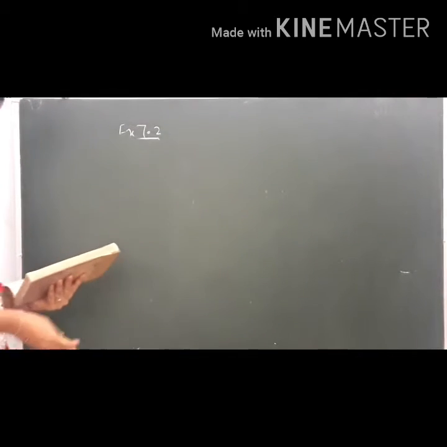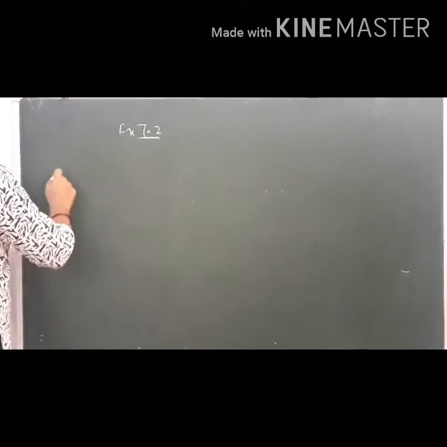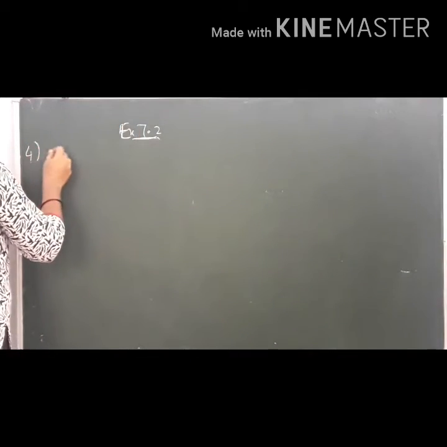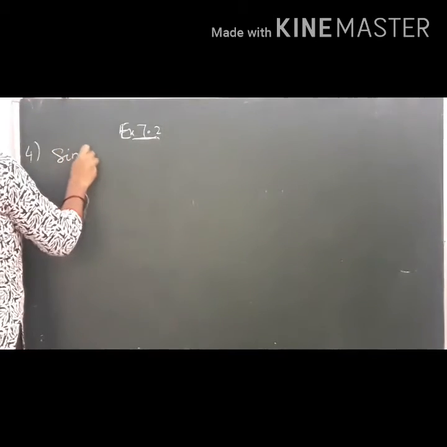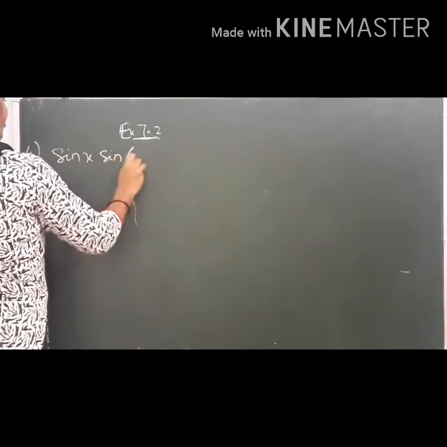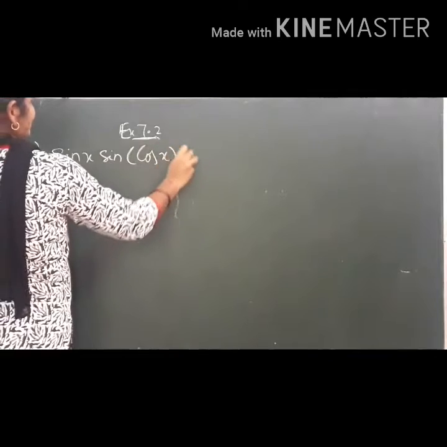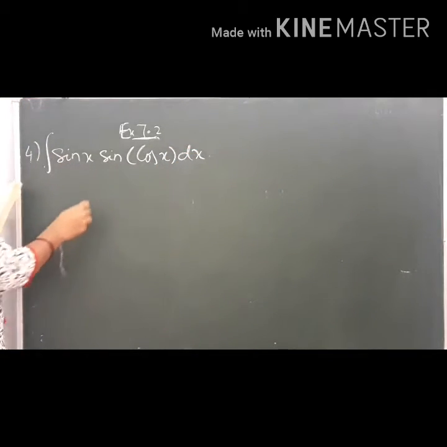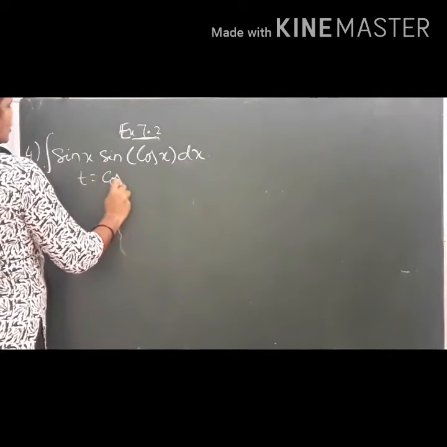So next is question number 4 of the exercise. What is here? Sin x into sin of cos x dx. So we can write it down here. First of all, substitute t is equal to cos x.